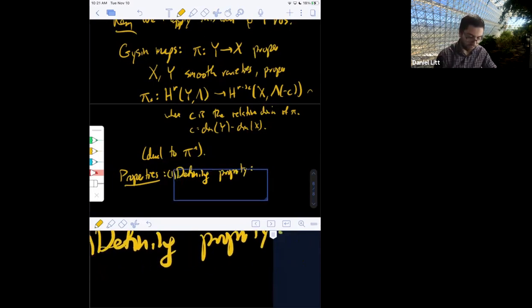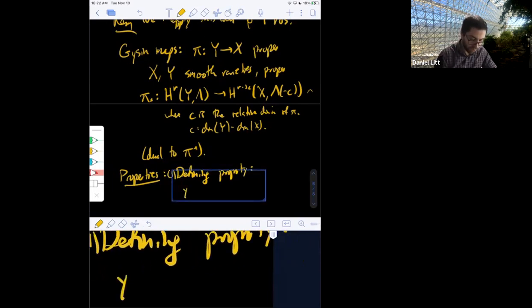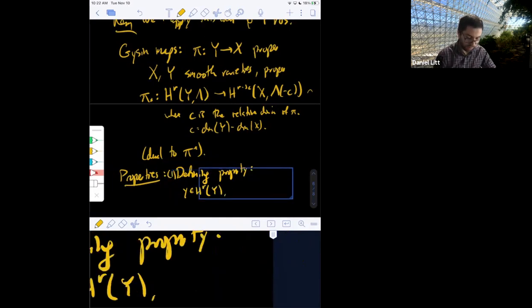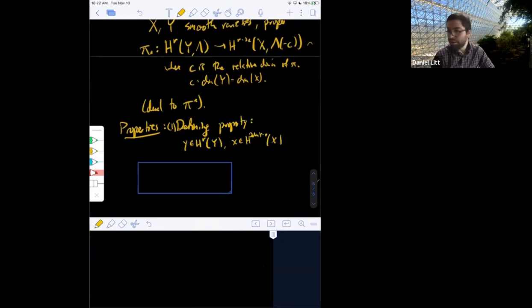It's that if you have y in H^R(Y), and x in, let's see, which one does it have to be? H^(2 dim y minus R)(X), then, well, what did we say?